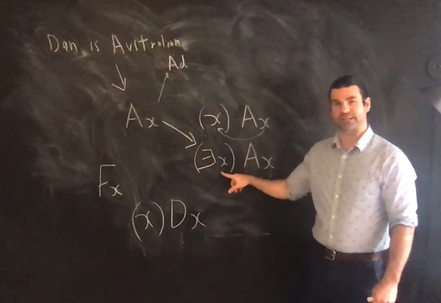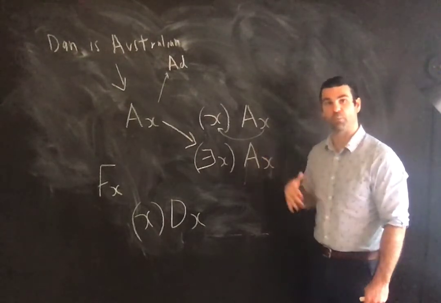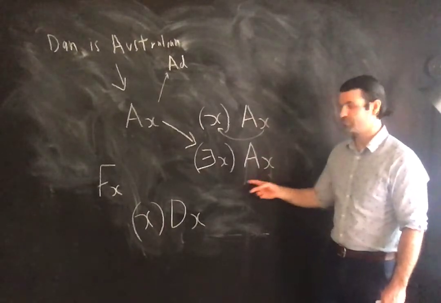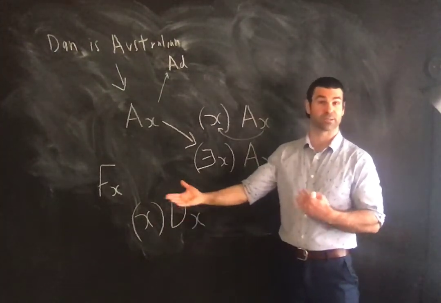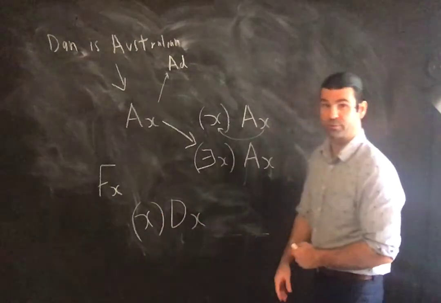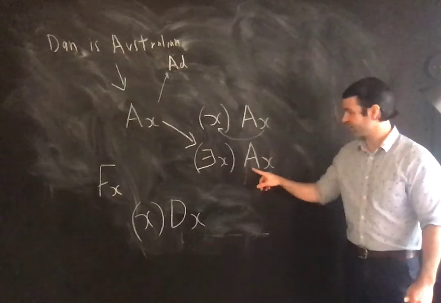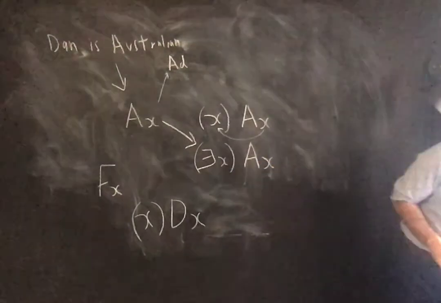There exists an x such that x is Australian. A more colloquial way of saying this is, there is an Australian, or an Australian exists. If you have those in English and you're asked to translate them, that's how you translate them. The existential quantifier and the propositional function. Okay? That's how you do that.